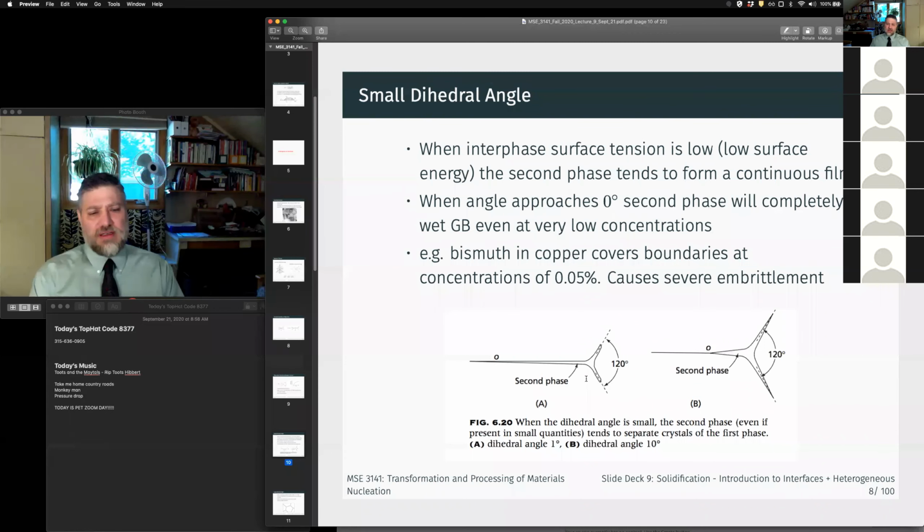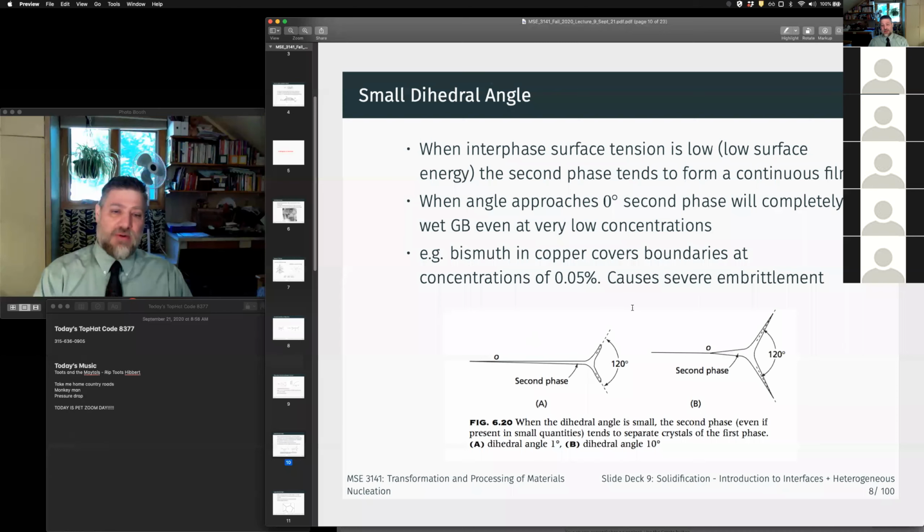You get a layer that is completely absorbed onto the surface, right? So the second phase tends to form a continuous film. This is really important in materials because if I have a very low interfacial energy, the second phase can completely wet a grain boundary in a solid or ceramic, even at very low concentrations, right?